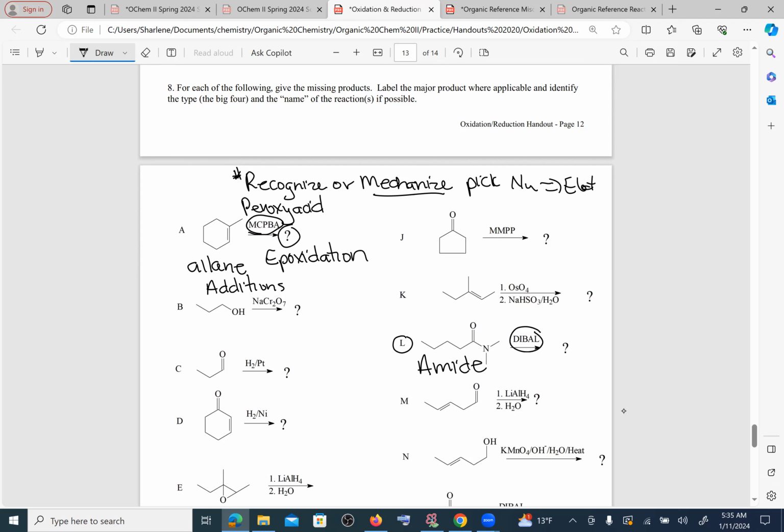Okay, now if it doesn't immediately come to mind, this is supposed to jump at you as a selective hydride. Oh, this is reduction, and it's a very selective reduction. And so this one's going to make an aldehyde.